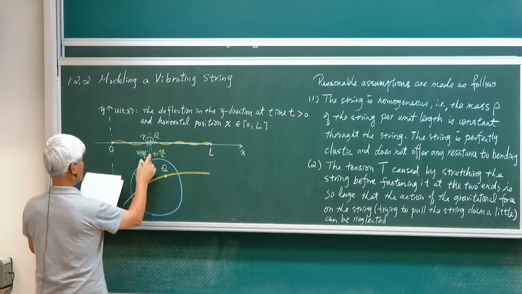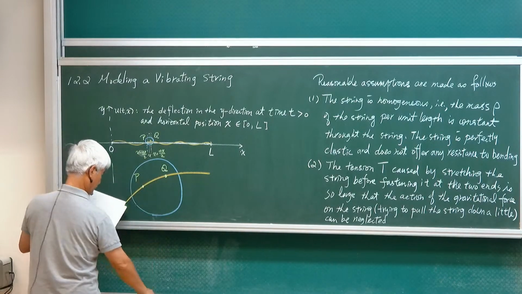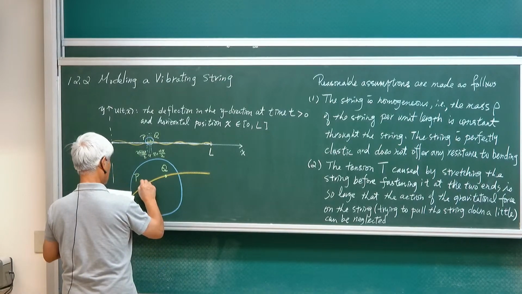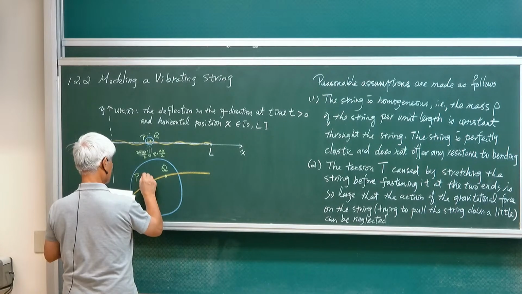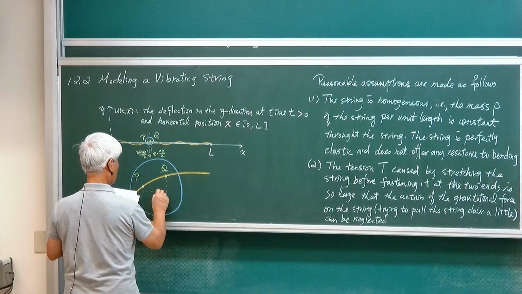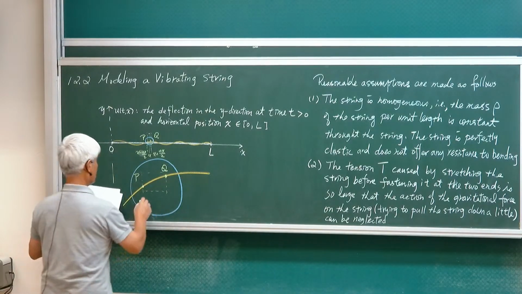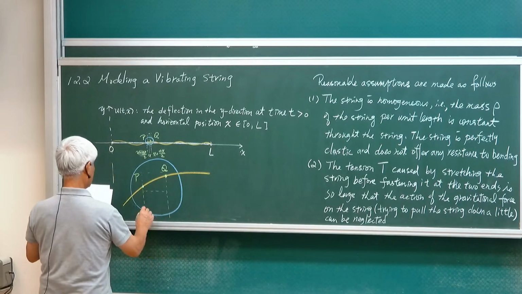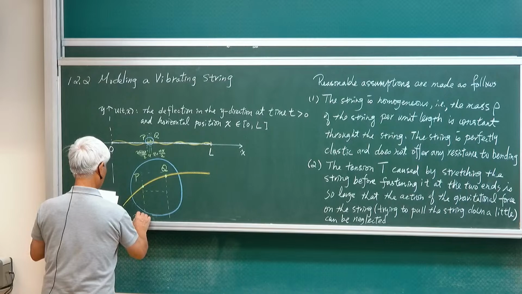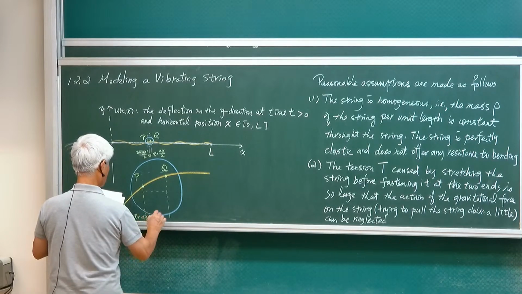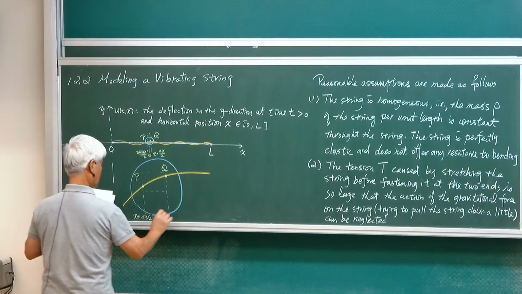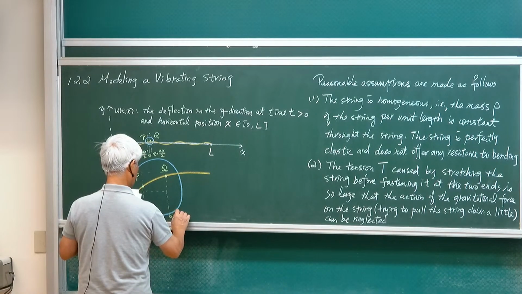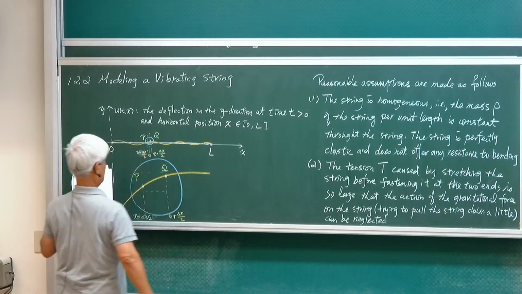So now we have this. Look at here, and the corresponding y-axis, this is x minus delta x divided by 2 and x plus delta x divided by 2 here.